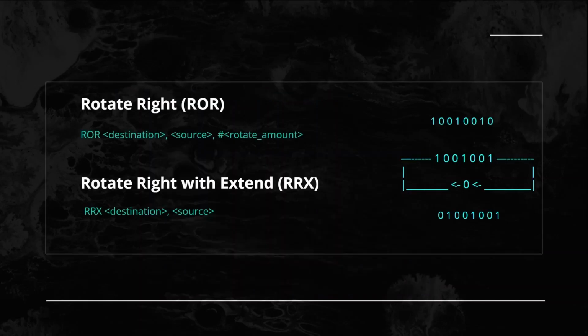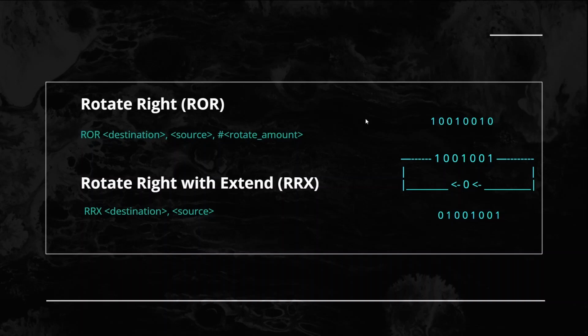Now let's take a look at the rotate right and rotate right with extend. The rotate right instruction in ARM assembly rotates the bits of the register to the right by a specified number of positions. Unlike a logical or arithmetic shift, the bits that are shifted out on the right are wrapped around and reinserted on the left.